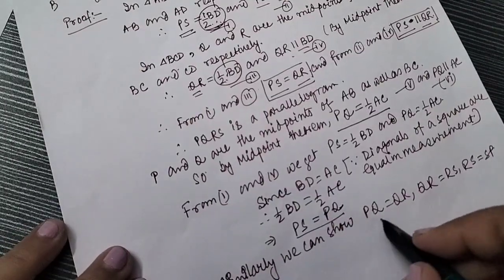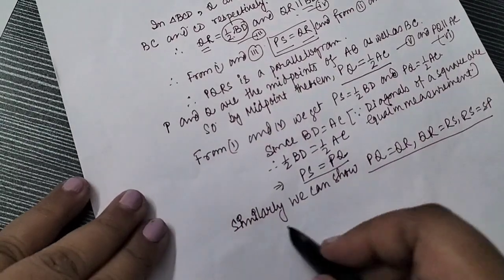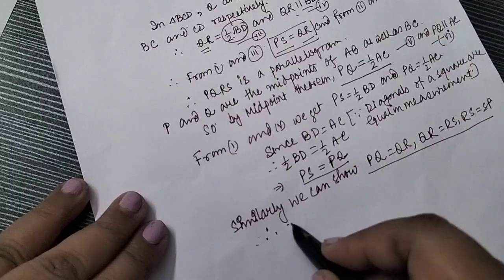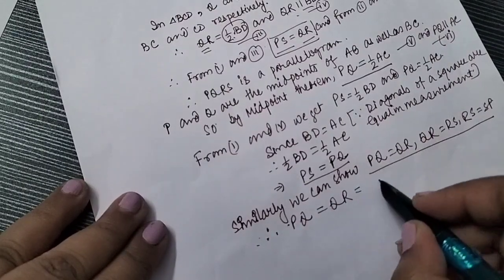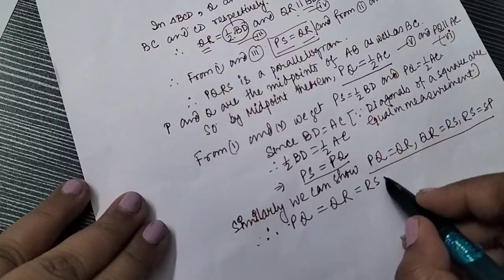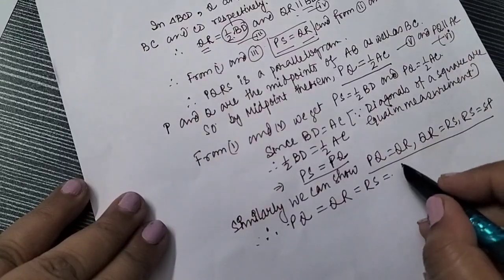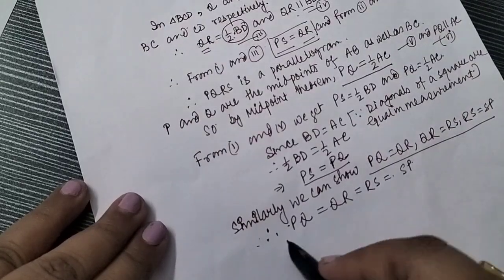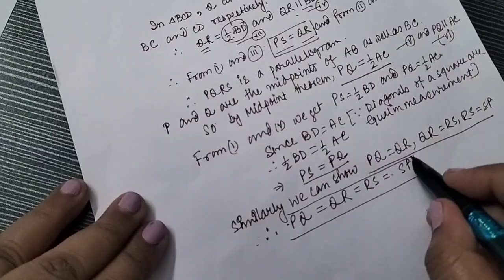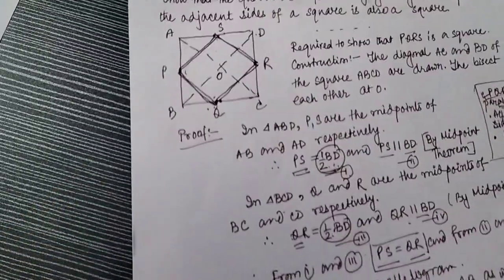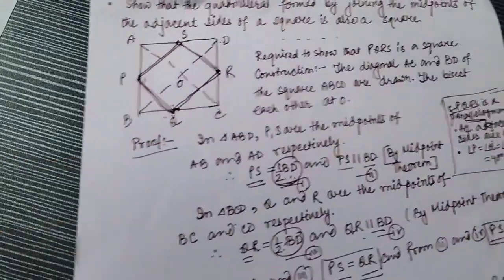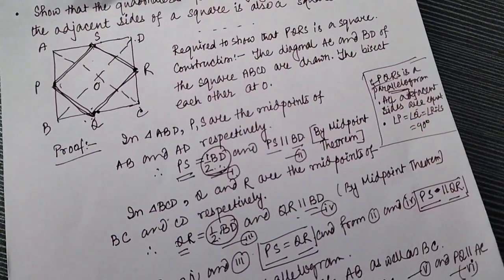So combining all these equalities, we can say PQ equals QR equals RS equals SP. So all pairs of adjacent sides of the quadrilateral PQRS are equal. Hence the second step is proved.